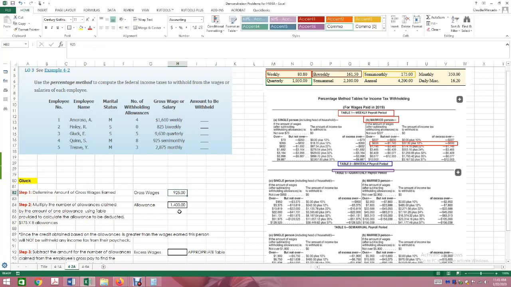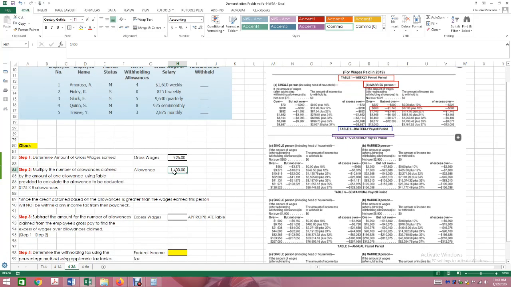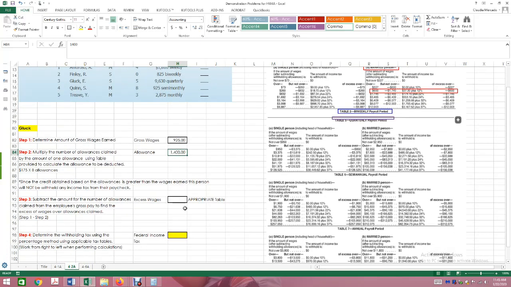So, the employee earned $925. They've got a credit of $1,400 based on the number of allowances that they're claiming. So, that means $1,400 is not taxable. Well, this employee earned $925. So, how much taxes is going to be withheld from this table? 0. No federal income taxes will be withheld.